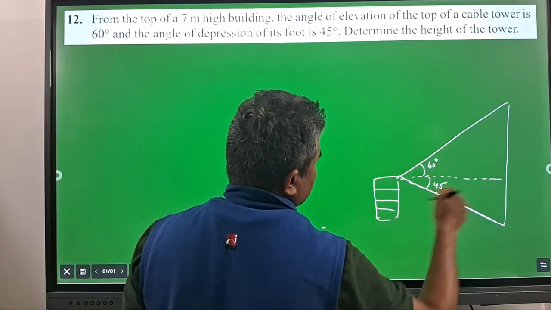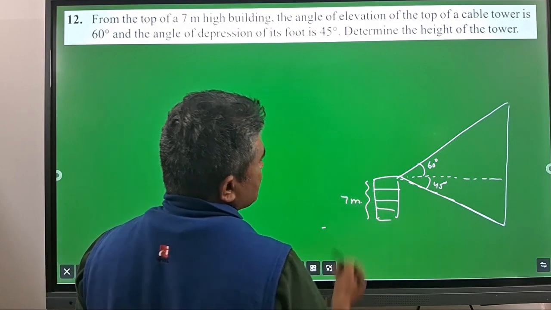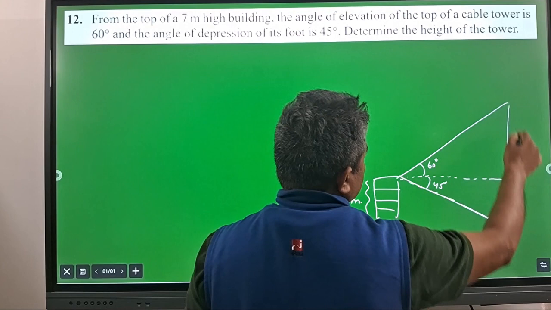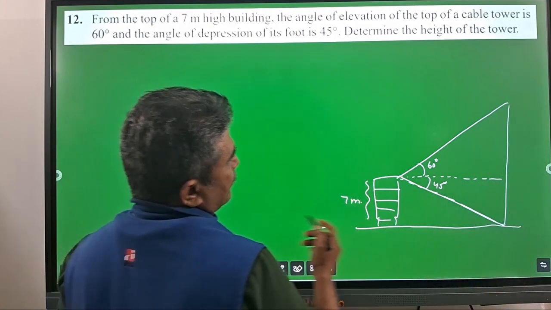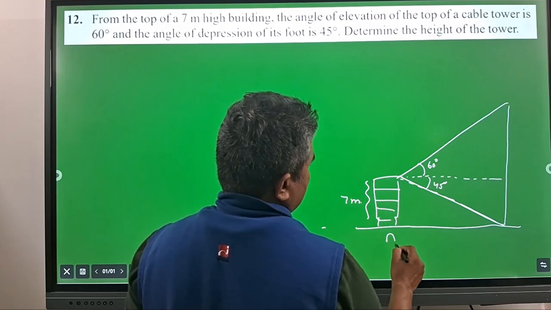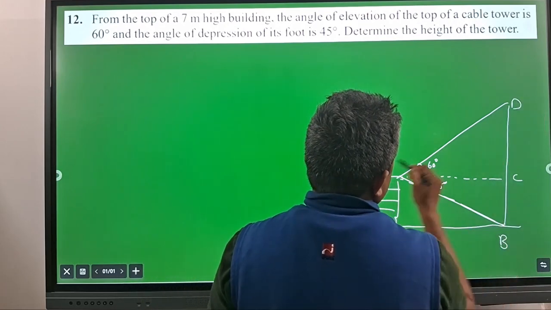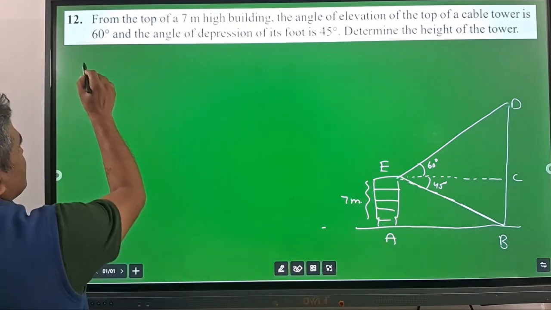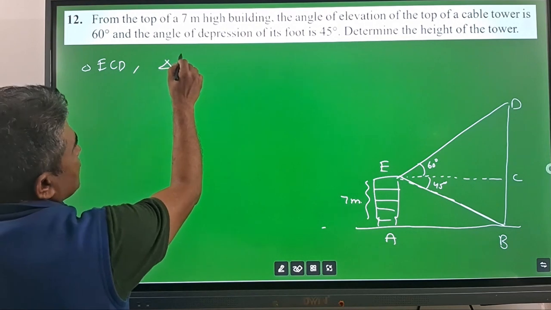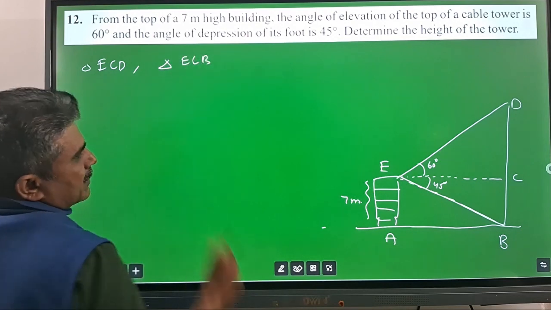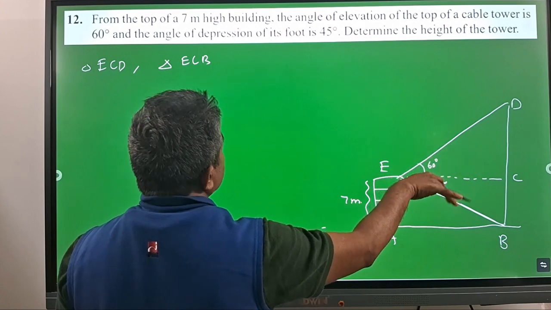So you are seeing the foot of the tower and the height of this building is 7 meters. We need to find out the height of this tower. This is the base. So here I am naming this one A, B, C, D and E. So I am considering the triangle ECD and the triangle ECB, angle of elevation and angle of depression.